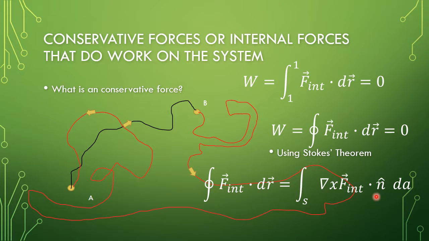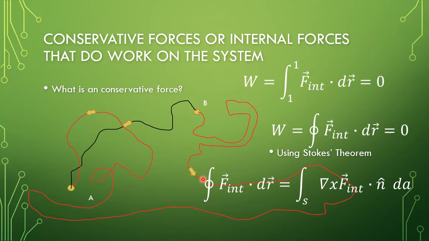The way you figure out which way it points is you use the right-hand rule. You take your fingers and point them along the direction that this dr is going along the path, and as you curl them around, your thumb points in the direction of n hat. We can do this in class. Then you integrate across some infinitesimal area element that is enclosed by your path, or in this picture, this area here, or this area here. It's all enclosed by our path.